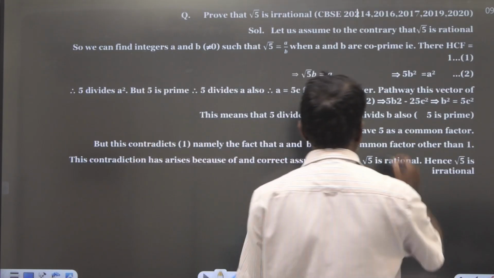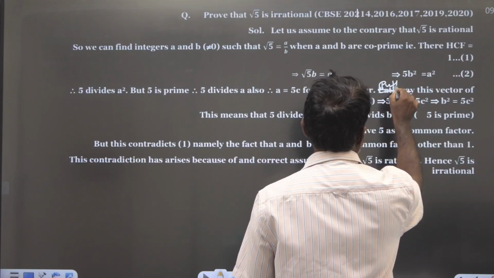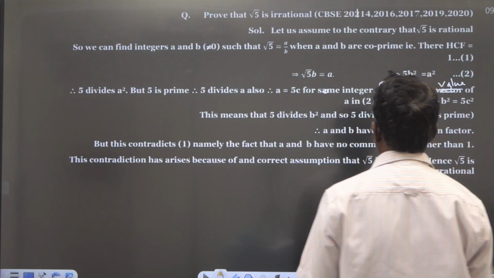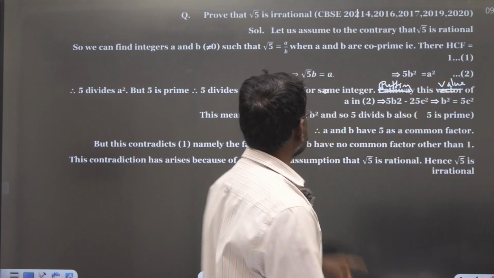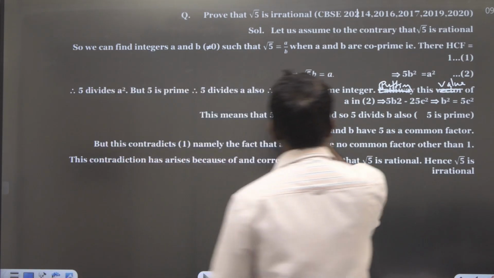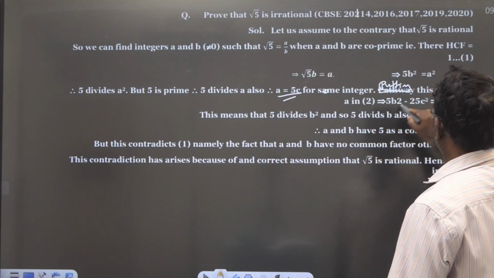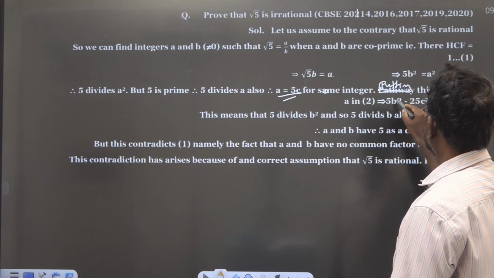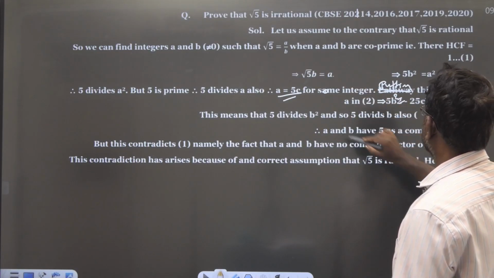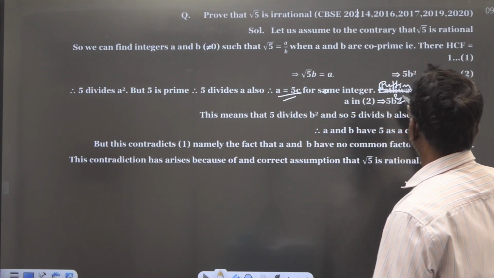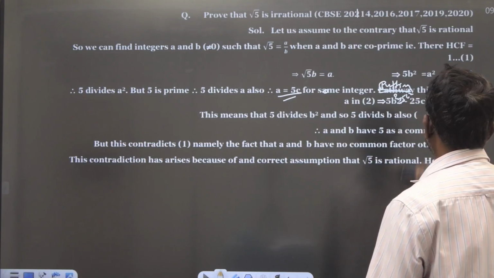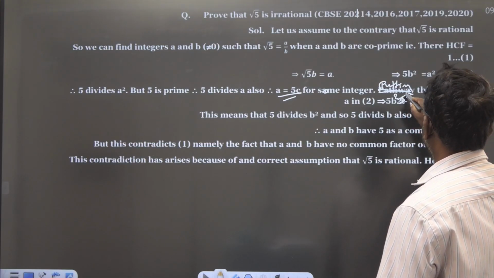Next, putting this value of a, a equal to 5c, into equation 2, we get 5b square equal to 5c whole squared, that is 25c square.